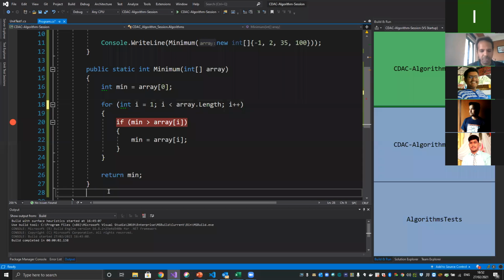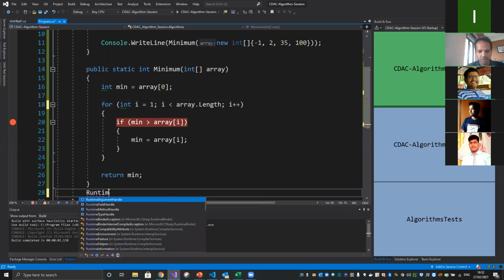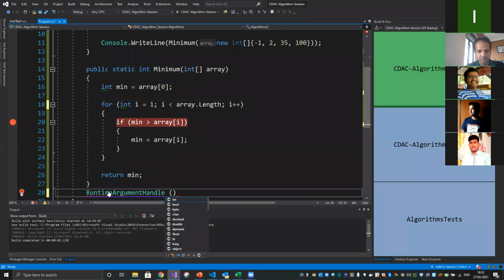So for example, I would say the runtime of this algorithm, in some maths terms, is k times n.